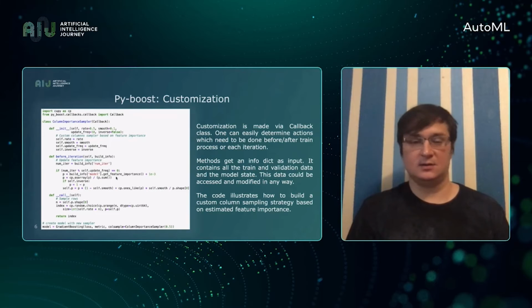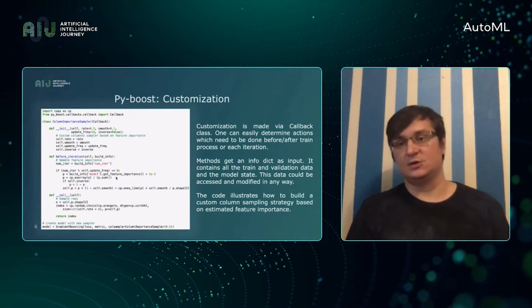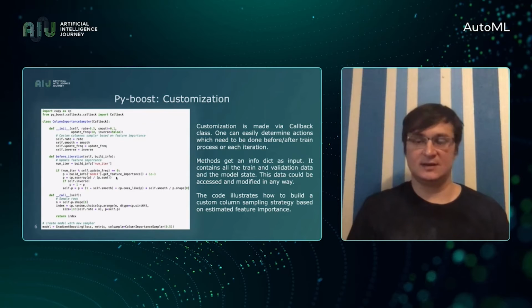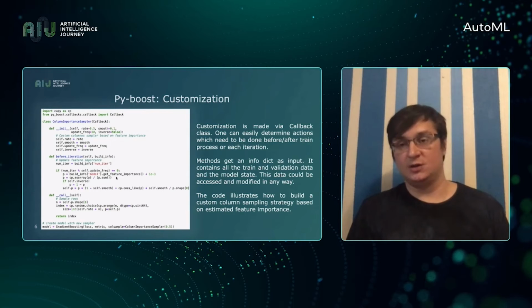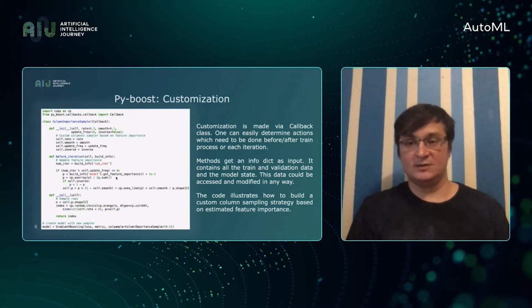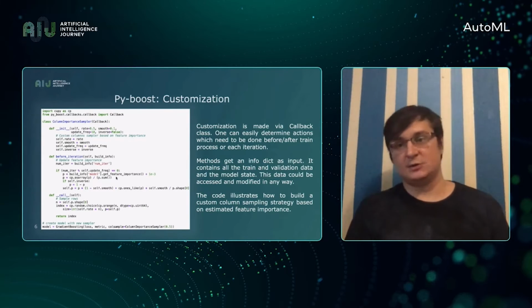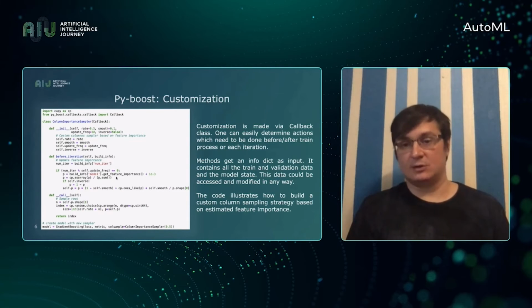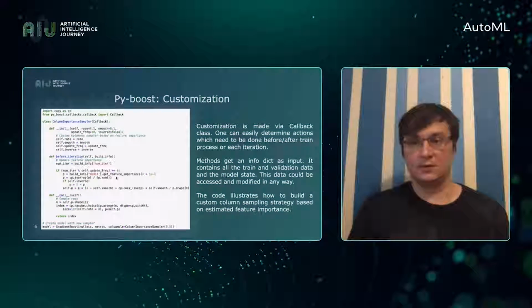Customization is pretty easy. We can write callback classes that describe the logic of the actions before or after the iteration, before or after the training. And a dict is given to this method that shows the whole training, including the validation data sets, the model states, and the parameters that the training occurs on.